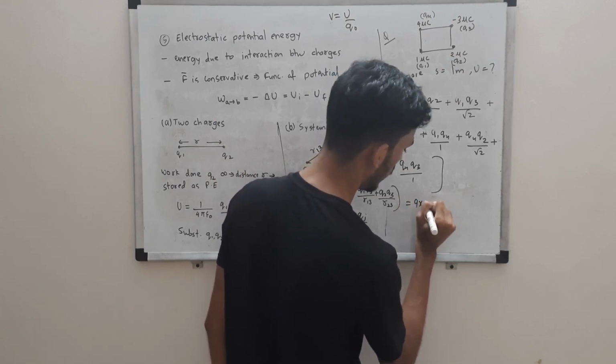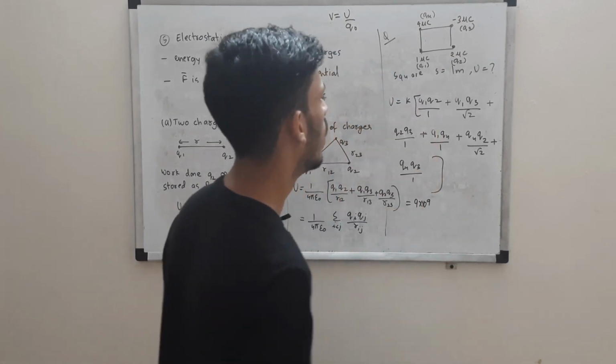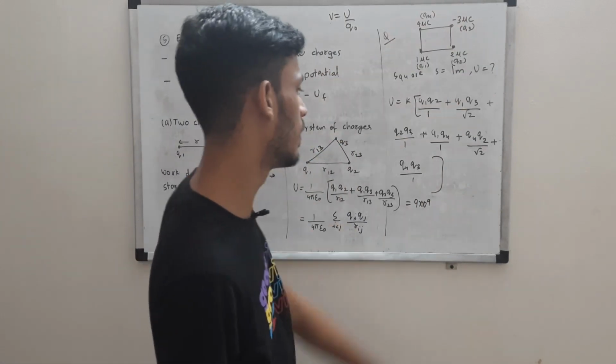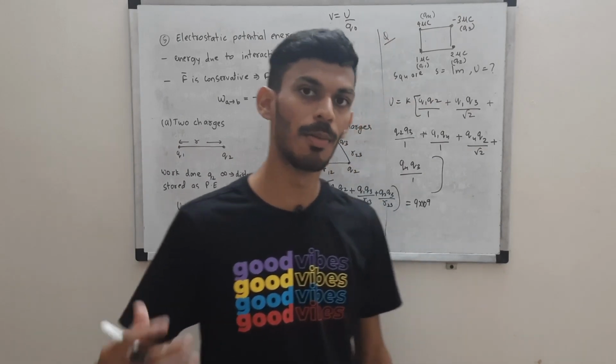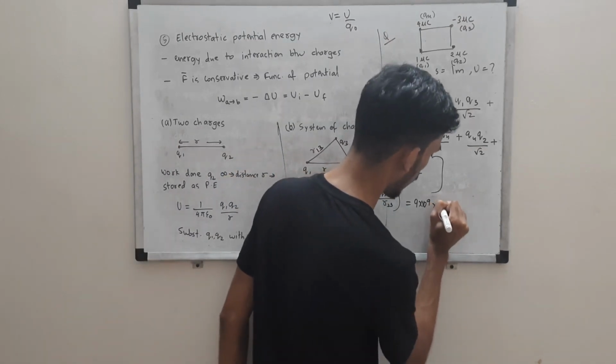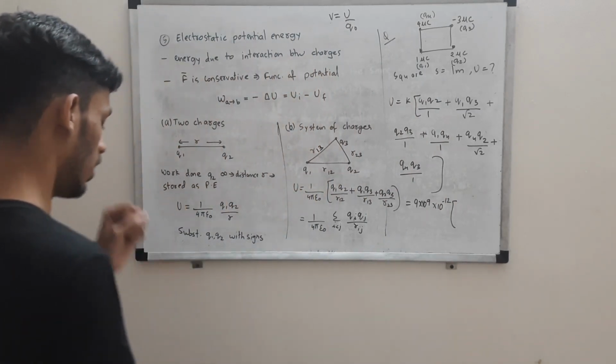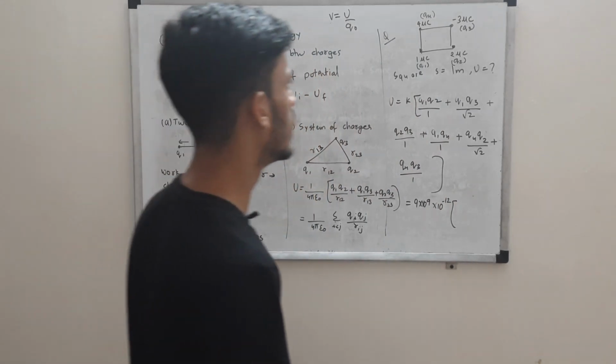Now let us find this answer. That will be 9 into 10 to the power 9, the k value. q1, q2 all are in microcoulombs, you can see, so whenever you multiply two of them, that will be 10 to the power minus 12. I can bring that common outside. Now I will substitute the q's with the sign.